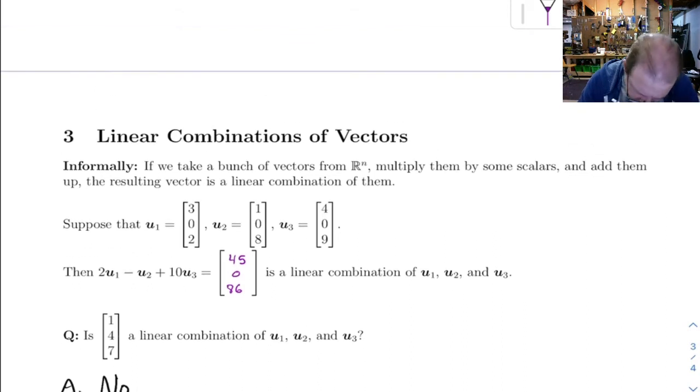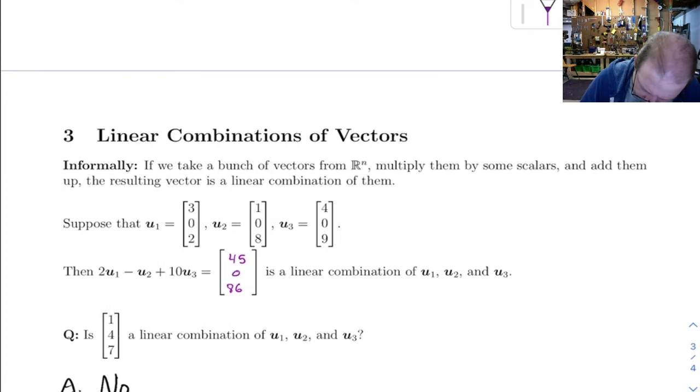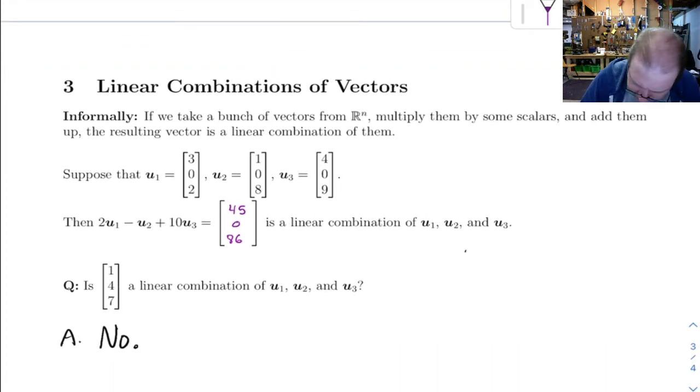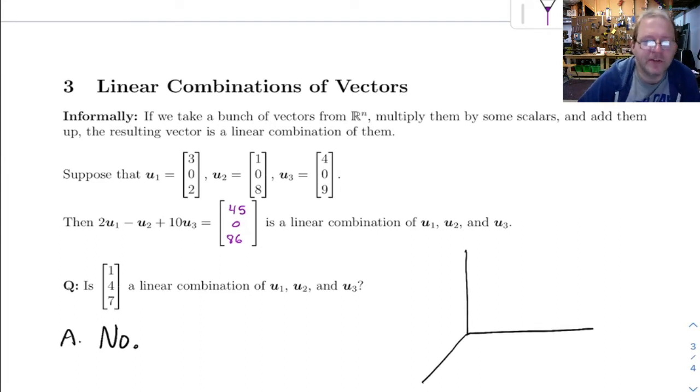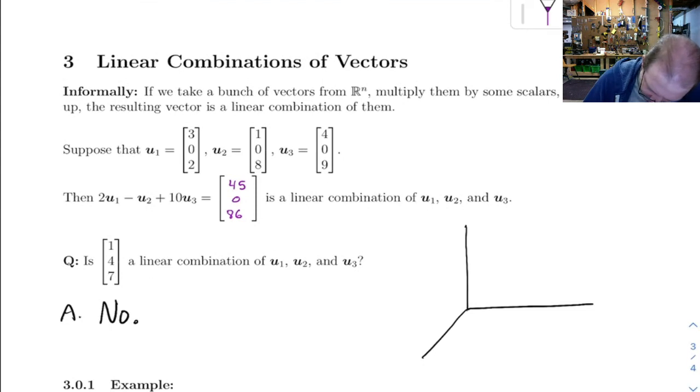But for right now, let's think about this geometrically. I'm going to draw some three-dimensional axes here. I never can remember the right convention for this. Different people use different things. I'm going to call this X, this Y, and this Z. If you look at these three vectors up here, all of them have a 0 in the middle, so their Y component is 0.